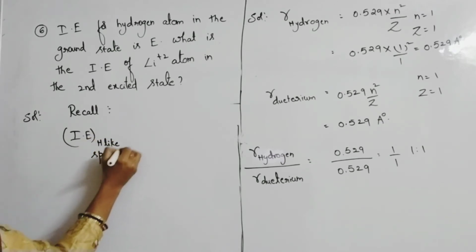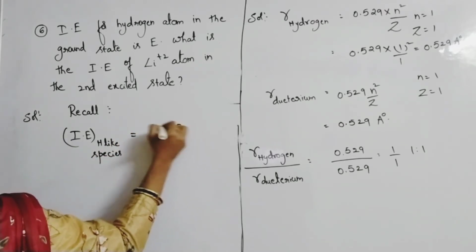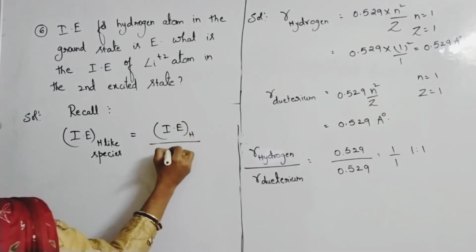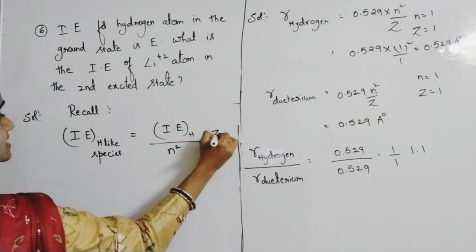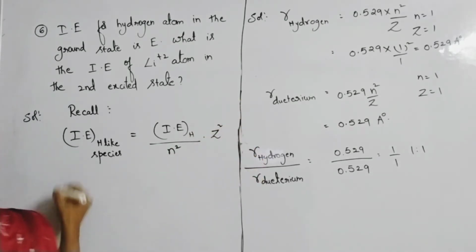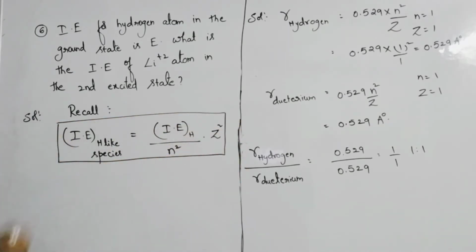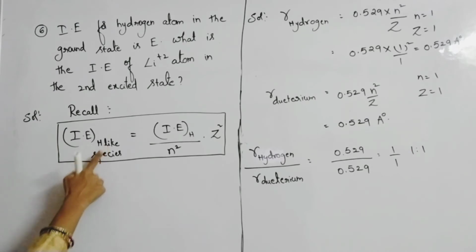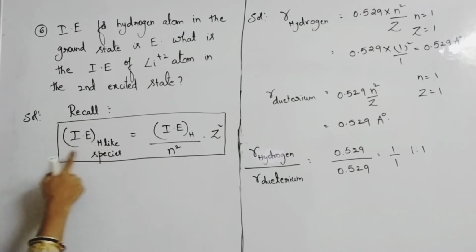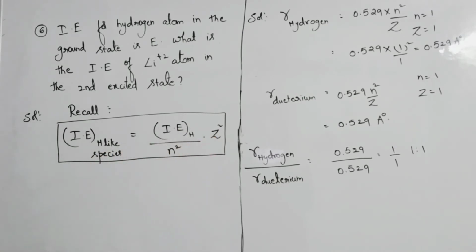Ionization energy of H-like species is given by the formula: ionization energy of hydrogen, into Z square by N square.